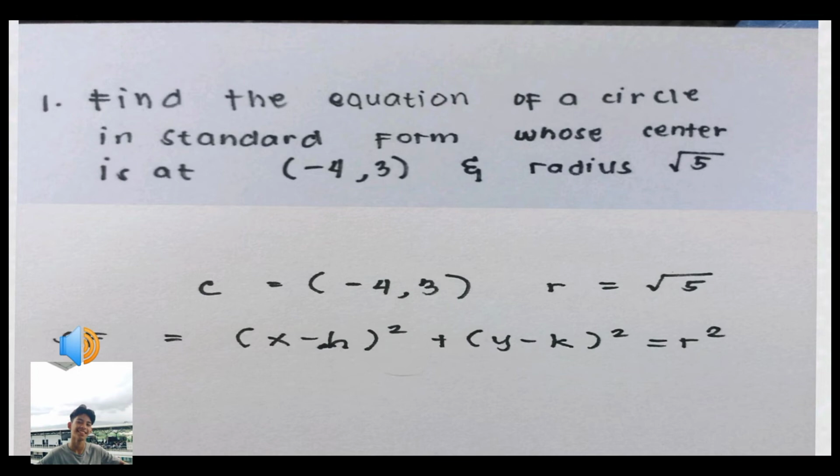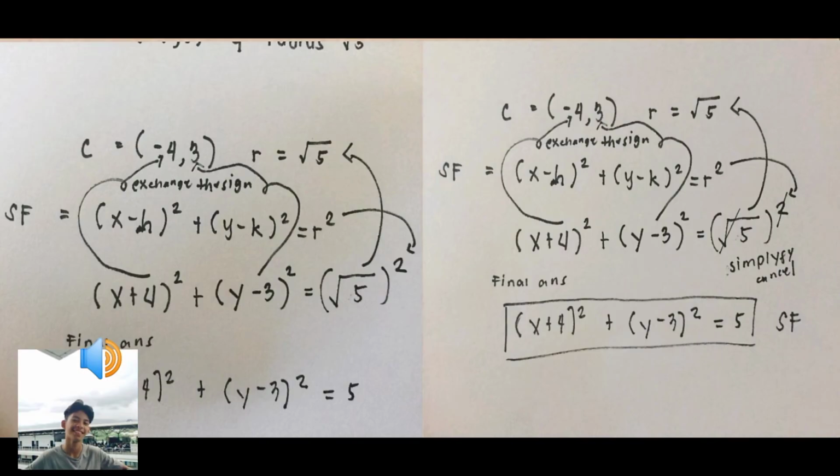The standard form of a circle is x minus h raised to the power of 2 plus y minus k raised to the power of 2 is equal to r squared. So the given is the center and the radius. Let us substitute the center. Standard form is quantity x minus h.